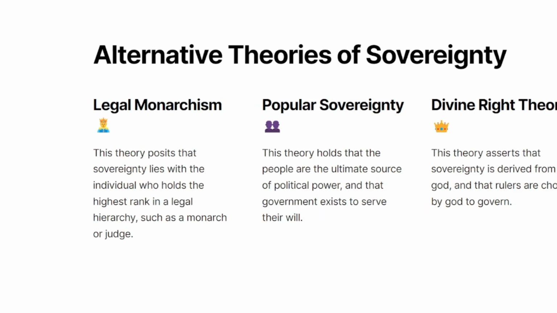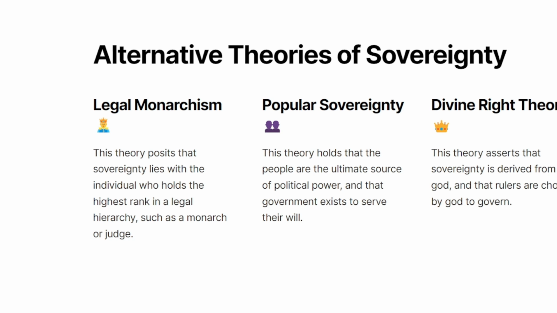Alternative theories of sovereignty. There can be legal monarchism, there can be popular sovereignty, there can be the divine right theory. I have made a video on the divine right of kings, which I'll link in the description, and I have talked a lot about popular sovereignty in this video: this theory holds that the people are the ultimate source of political power, and that the government exists to serve their will.